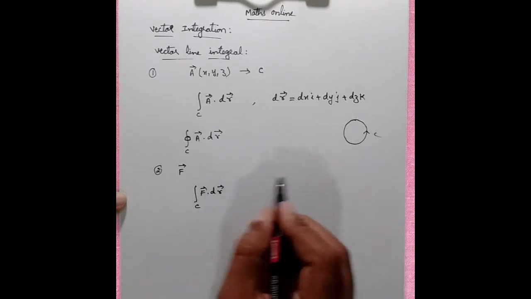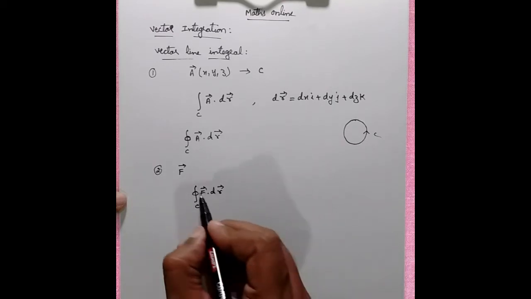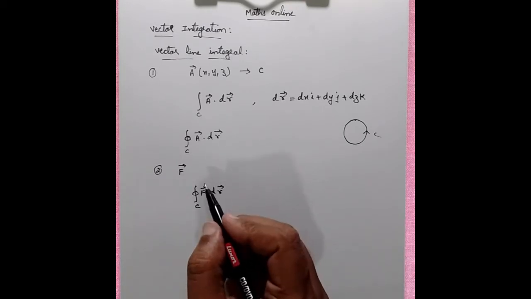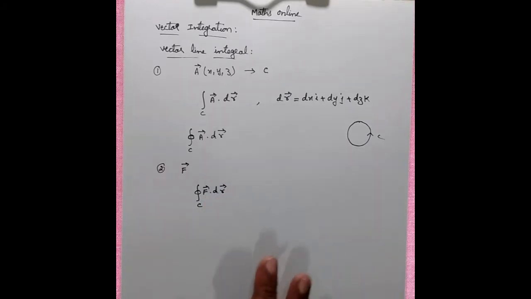Suppose the curve is a closed curve, we represent that by a circle. So this integral of vector F dot dr also represents the work done in moving the particle along the given curve.